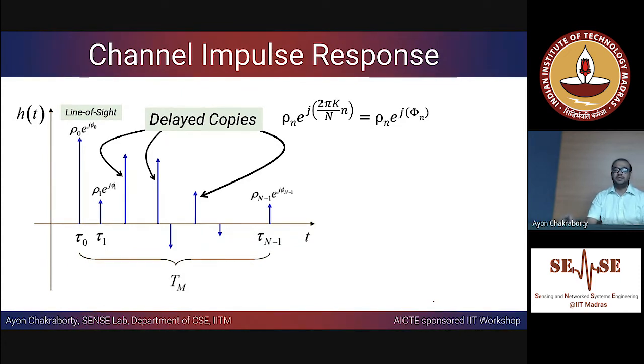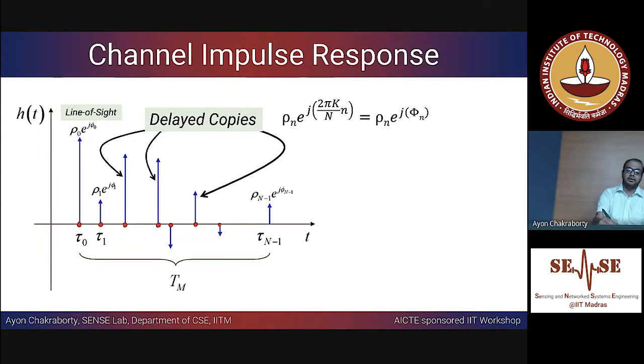The first one you always see is rho 0 into e to the power j phi naught. This is basically the phase, right? And at every time slot we are going to receive a delayed copy of the signal.